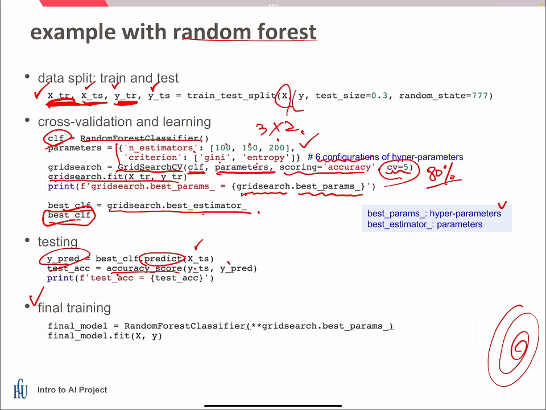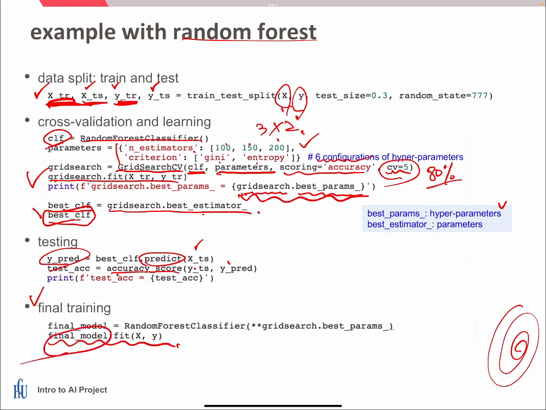So we have X and Y, and we're going to use this X and Y to train the model. From here, we know which hyperparameters are the best. So we're going to use these hyperparameters, and we will train this model with X and Y. So now this final model is the best model.